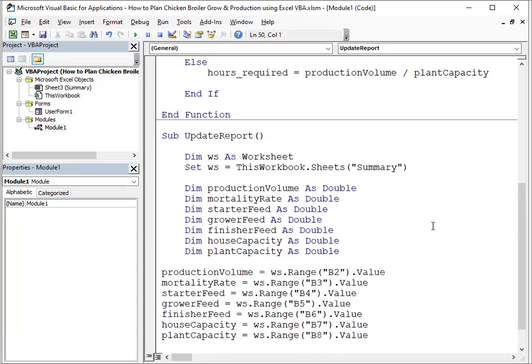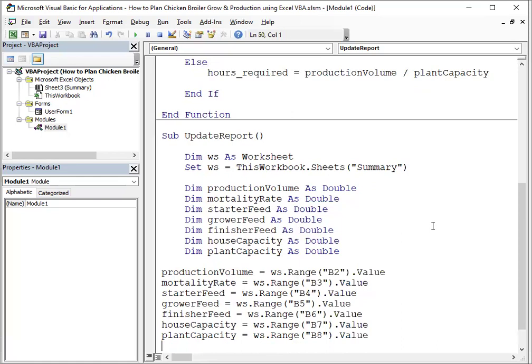Okay, no mistake. Production volume, the range B2, B3. The spelling is okay. The range is okay, from B2 to B8. So that would be how we transfer the information, or the values.